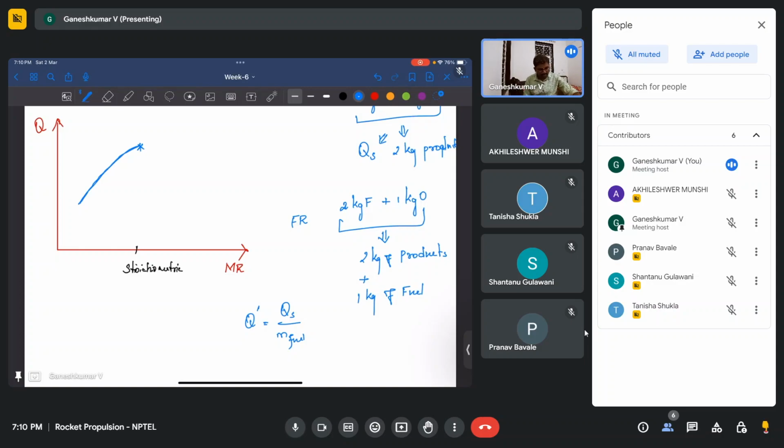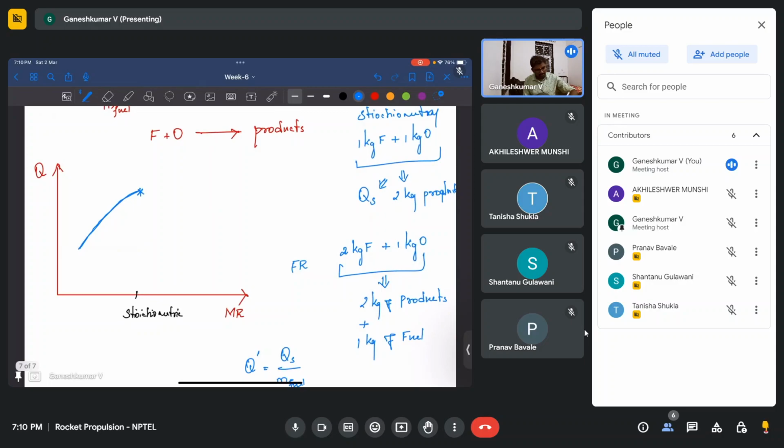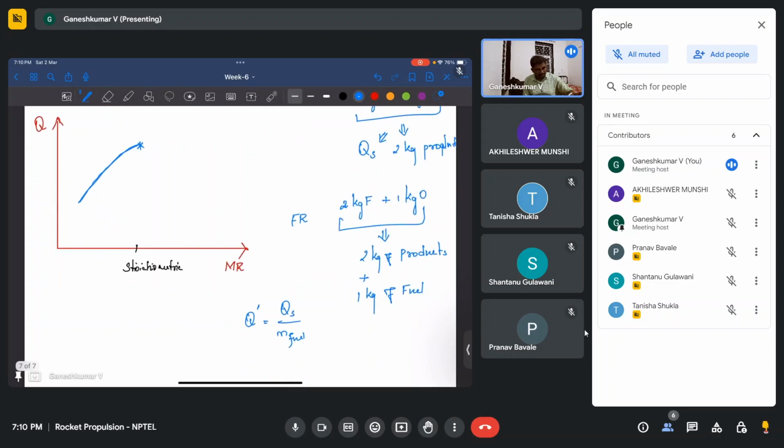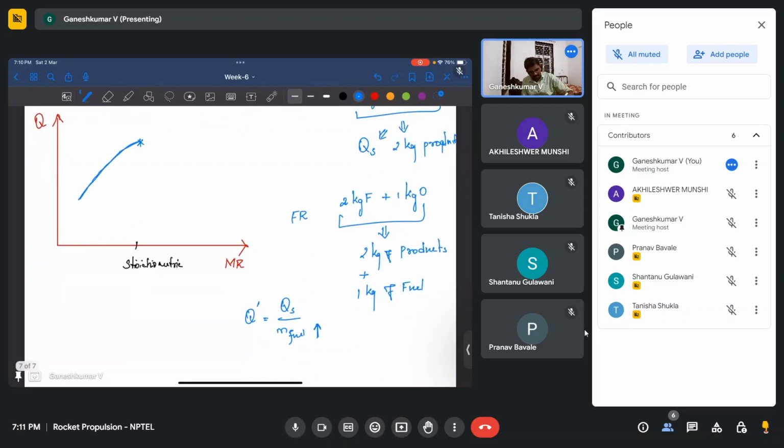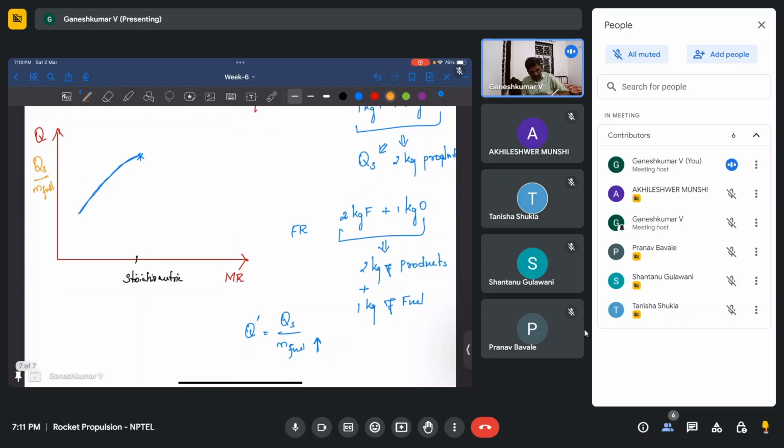Now the question is, your Qs also reduces. In addition, as you go to fuel rich, the mass of fuel increases, right? Because you initially have a lot of fuel. So that is again going to give a lesser Qs. You can even plot Qs by mass of fuel in the same plot.